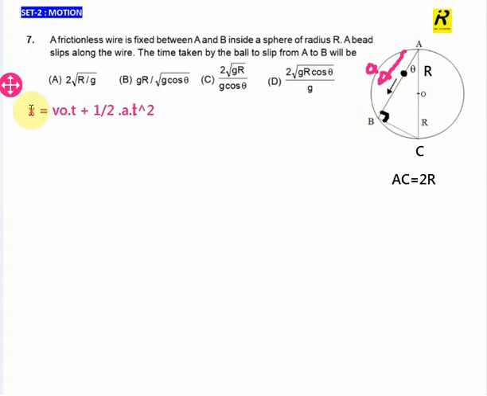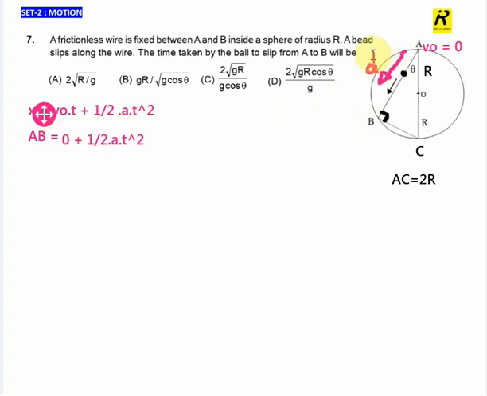The term x stands for the displacement AB. So AB is equal to, V0 stands for the initial velocity of the bead. So V0 is 0. Initial velocity is 0 for the bead. That means the first term vanishes, plus half A into T square. So let me keep this equation here.